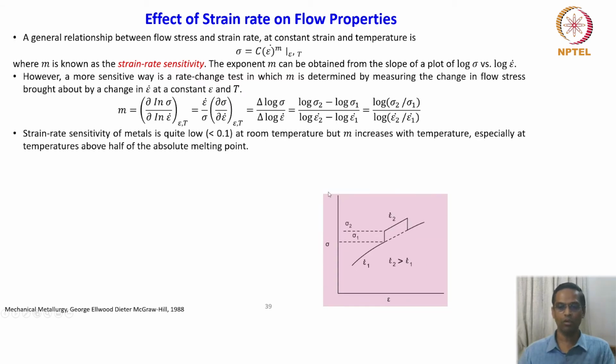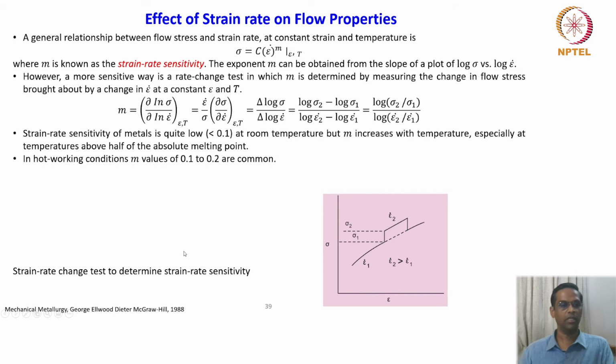So this is what is shown in a schematic here. Plot sigma versus epsilon. It's a test conducted at two different strain rates. So strain rate change test, or it is also called strain rate jump test, to determine strain rate sensitivity.